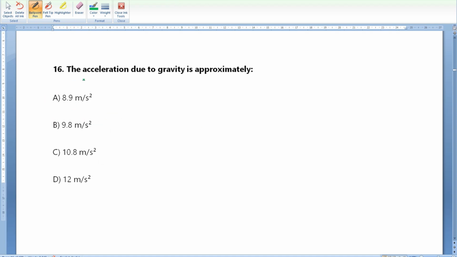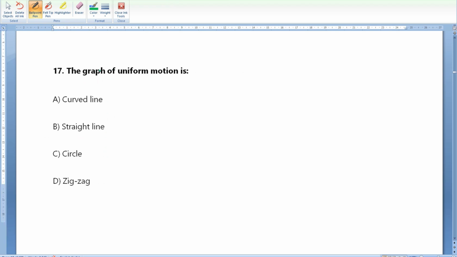Question number 16. The acceleration due to gravity is approximately 8.9 meter per second, 9.8 meter per second square, 10.8 meter per second square, or 12 meter per second square. We all know this value. Option B, 9.8 meter per second square. Question number 17.